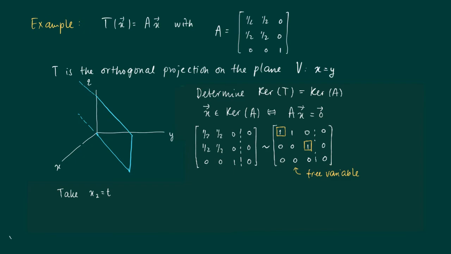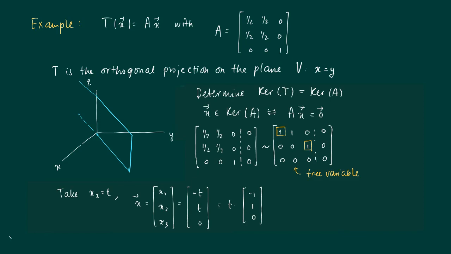So we take x2 being equal to t, where t is some arbitrary but fixed constant in R. Then x in the kernel can be written as x1, x2, x3, and x1 is given by minus x2, so x1 equals minus t. x2 was t and x3 is 0.